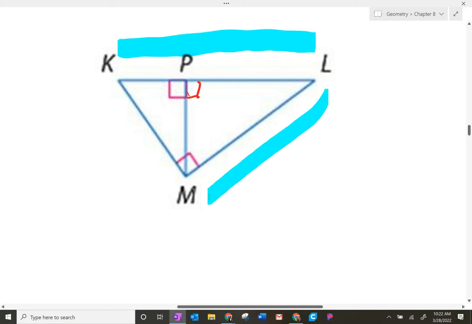This one is a hypotenuse. And then the whole length for this one would be a hypotenuse. So if I'm going to go in that same kind of order, I know that LM, KM, and then the full length, they could be compared together.